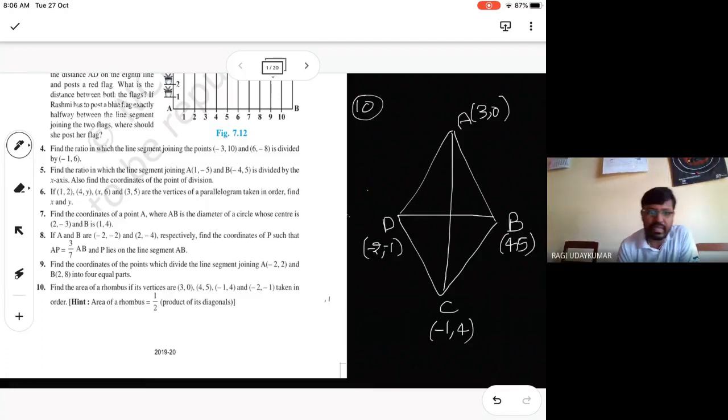This is also very simple. It is not a section formula problem, it is a distance formula problem. Understood?